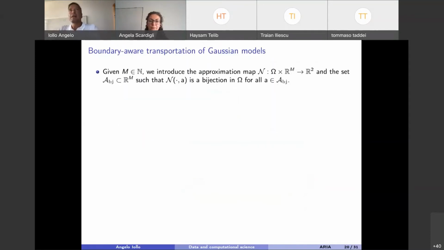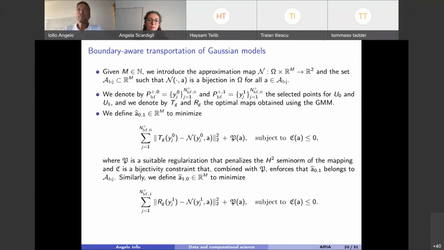So this projection, that we call boundary-aware transportation of Gaussian models, can be approached with several techniques. One technique, which is particularly efficient, is the technique that Tommaso has already developed for another problem, and he can maybe comment about that. It basically consists in having the mapping TG that we found by the Gaussian model projected, with some regularization, onto the space of mappings curly N, which is appropriately defined.